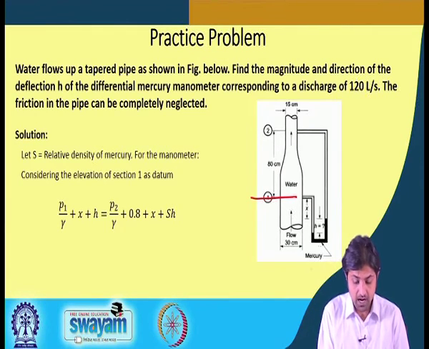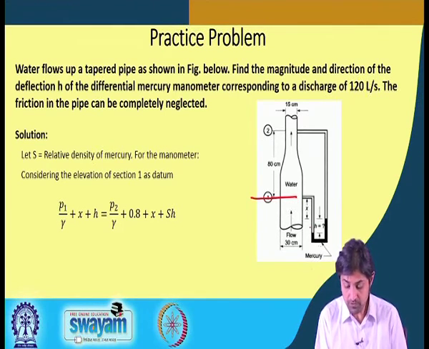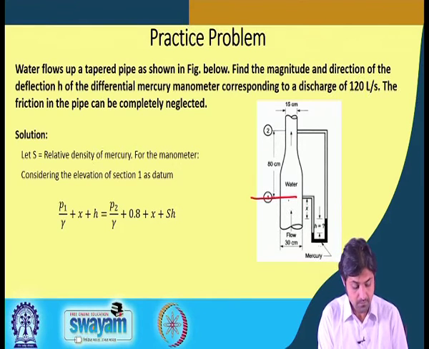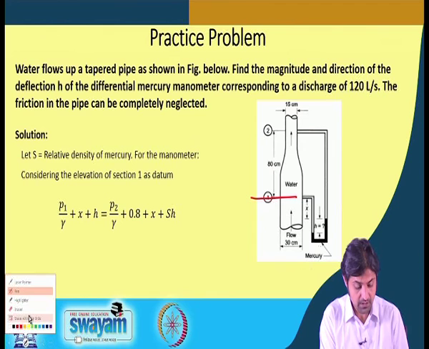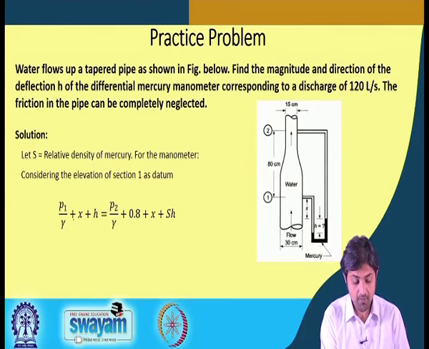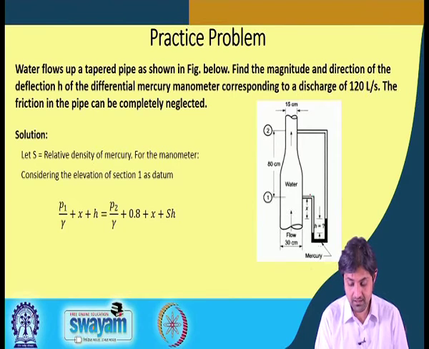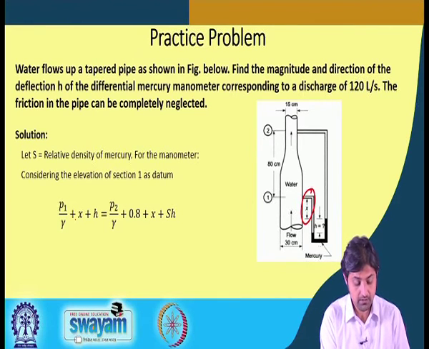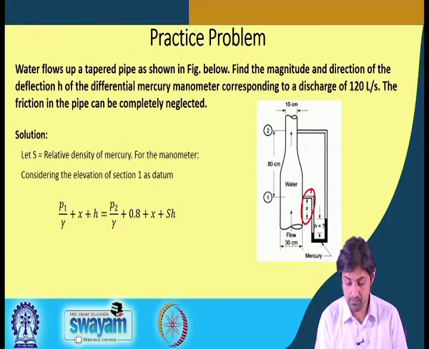we can write Bernoulli's equation as P1 by gamma plus X plus H, all right, here plus H, is equal to P2 by gamma plus 0.8.